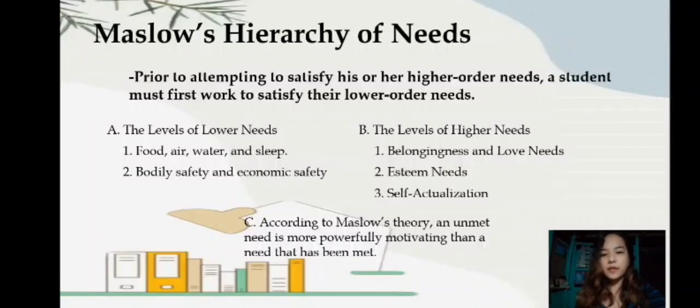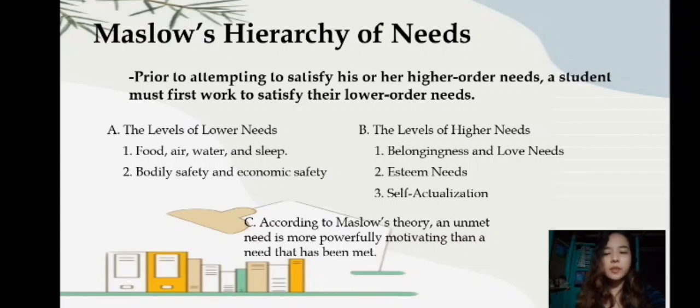Maslow's hierarchy of needs. Prior to attempting to satisfy his or her higher order needs, a student must first work to satisfy their lower order needs. The levels of lower needs are food, air, water, and sleep, and bodily safety and economic safety, while the levels of higher needs are the belongingness and love needs, esteem needs, and self actualization.